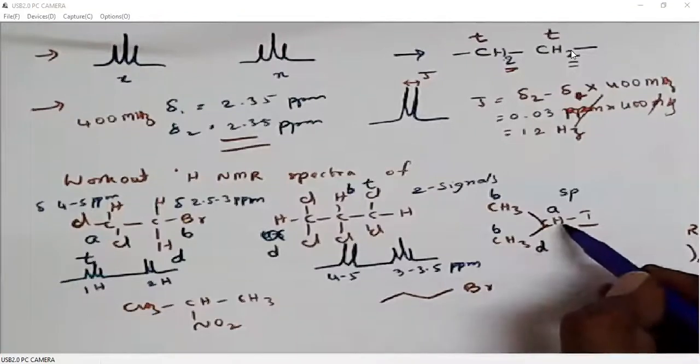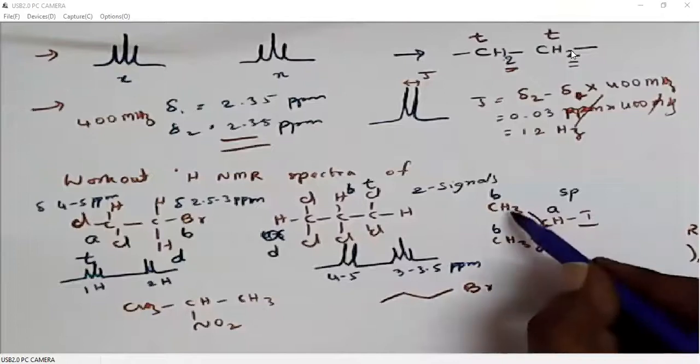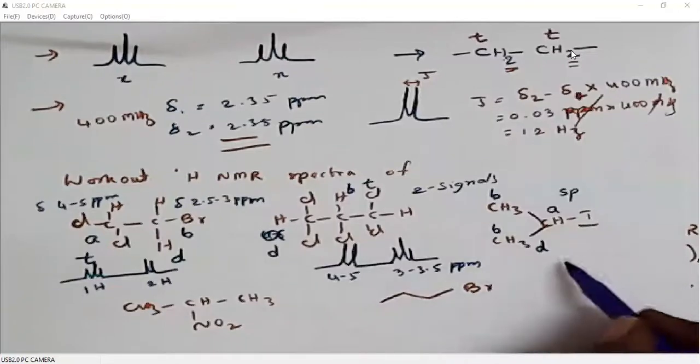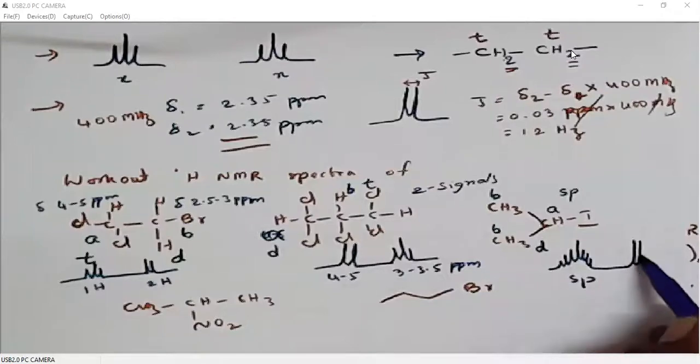So that means this single proton will give a septet. These 6 protons will give one signal, that is a doublet. 5, 6, 7. We can write a septet like this, then a doublet like this.